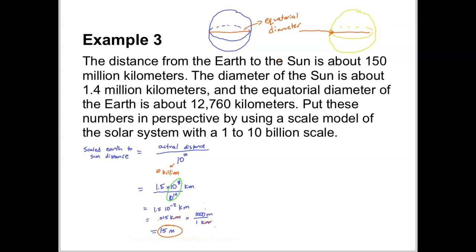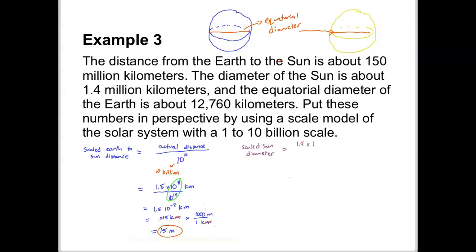So now let's scale the Sun diameter. We're going to take that true Sun diameter, which was 1.4 million kilometers.